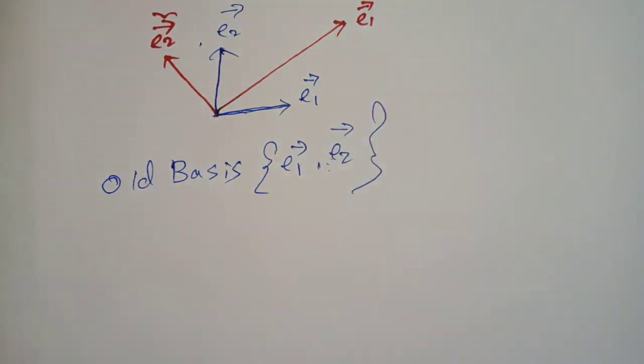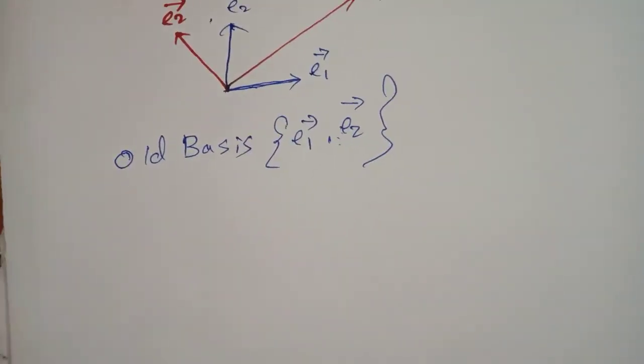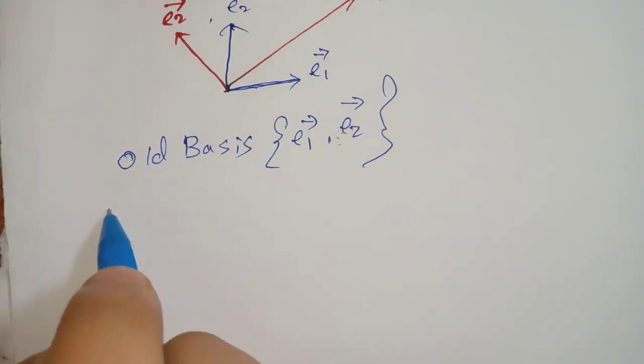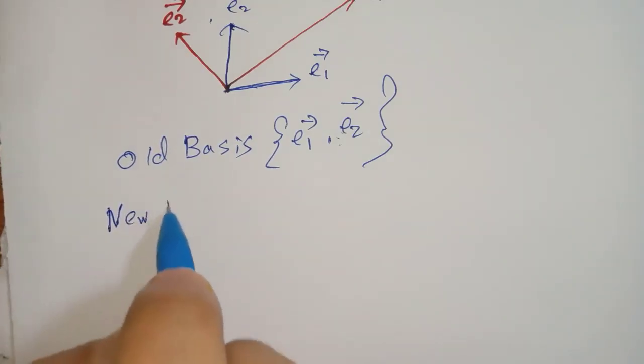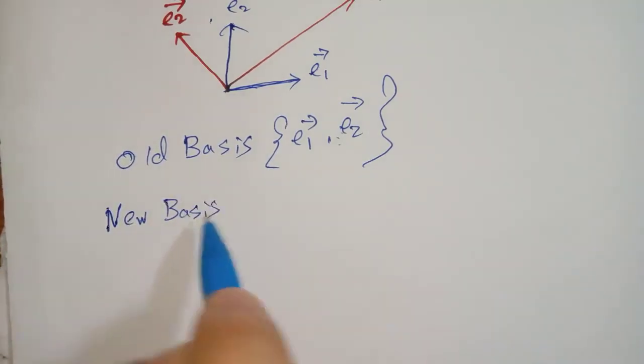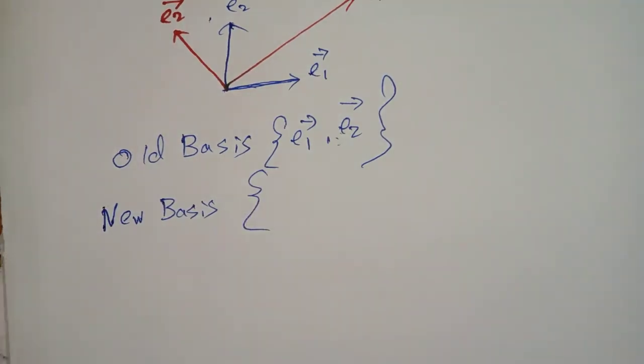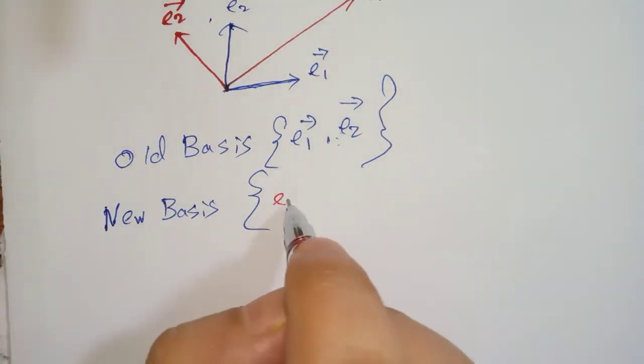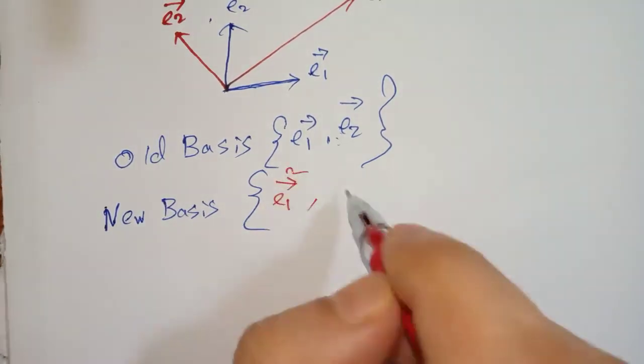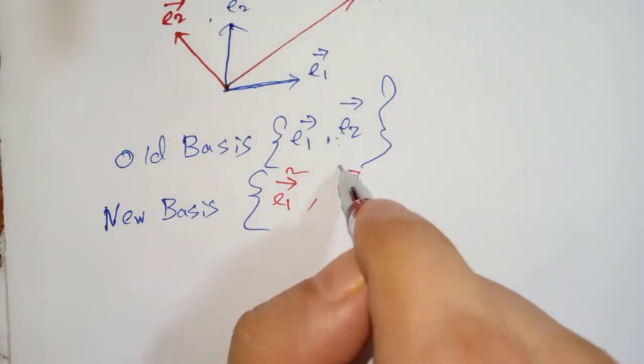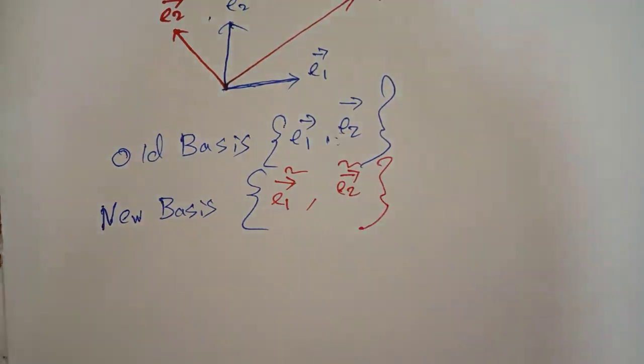This is the old basis, and then we have got the new basis. I will use a red pen because otherwise it will become difficult. So this one would be E1 tilde and E2 tilde.